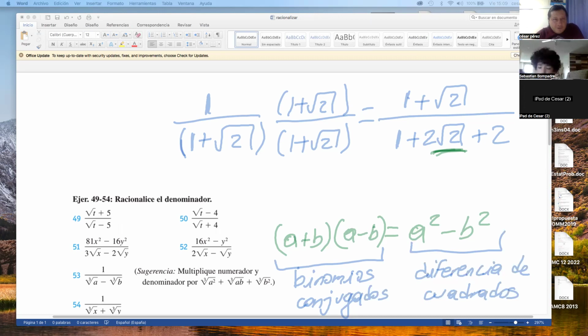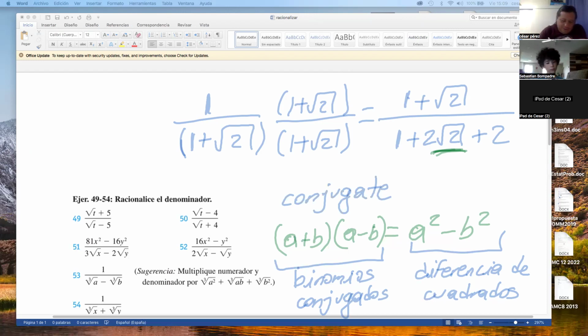Yeah, those are conjugate. I don't know if my pronunciation is okay.